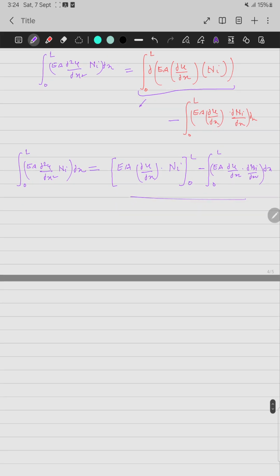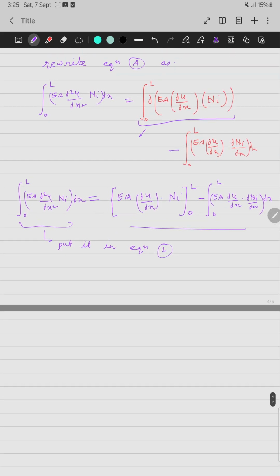So what next thing we'll do? We will put this in equation 1 and write equation 1 once again. Put it in equation 1. So let's see what we'll get.